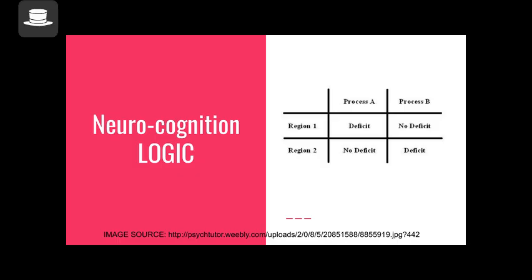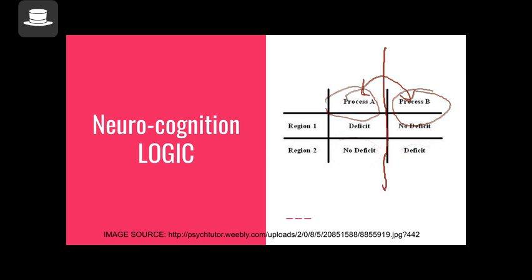Just assume that you have patient one who has region one injured. So a part of the brain, say region one, is injured in one patient, and you see that this particular patient has a deficit in a mental process A, but there is no deficit in mental process B. If you have another patient who has injury elsewhere, who has a deficit in mental process B, but no deficit in mental process A, now you can make inferences about the relationship between these two mental processes, how associated these two are, or how separate these two are.